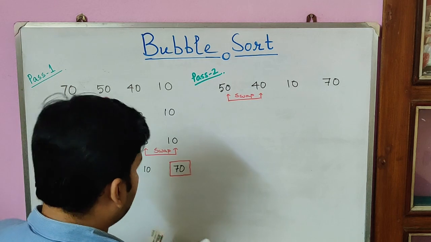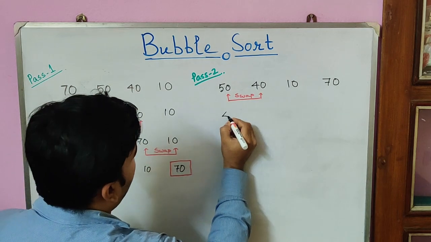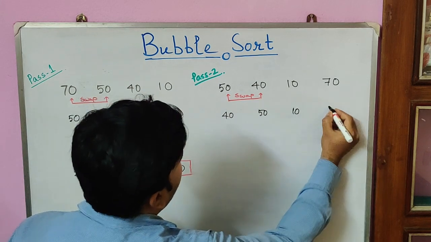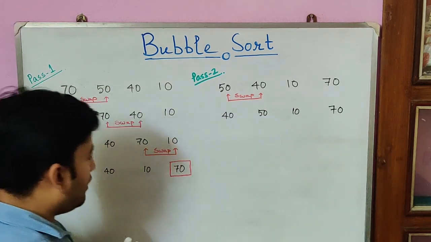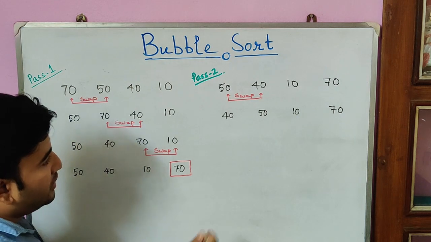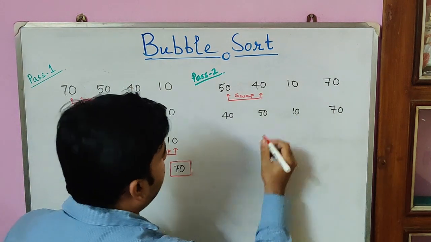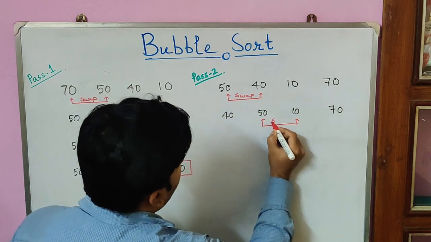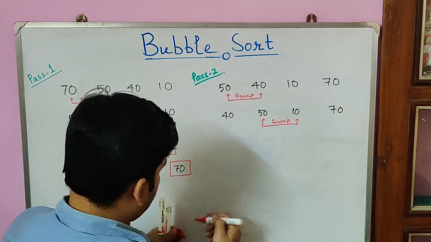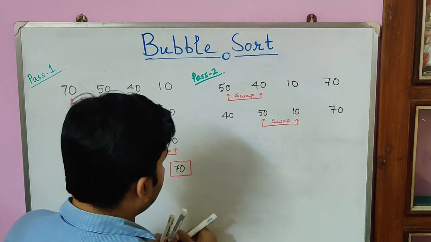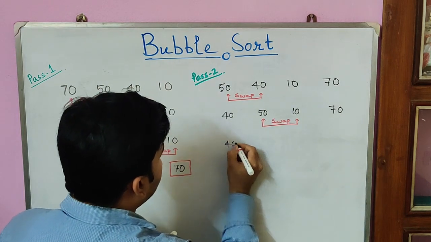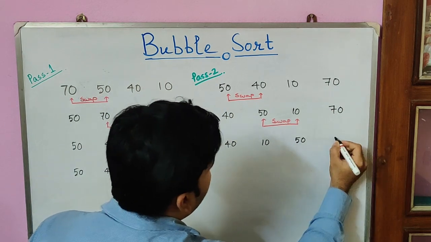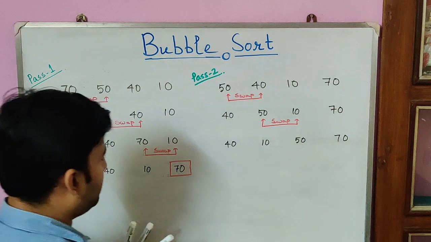After swapping, the value is 40 in that position, then 50, then 10, then 70. Next, 50 and 10. Swap again. So here 40 in that location, then 10 comes here, then 50, then 70.